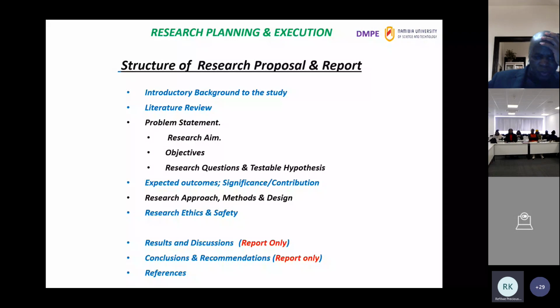Now, remember, your literature review becomes handy in your results and discussion part, because you need to cite and benchmark with similar studies or complementary studies in the field, whether or not your results are in agreement or are contradictory to those studies. And above all, you need to draw conclusions and recommendations for future work.